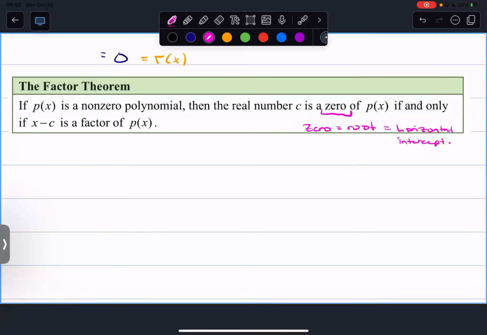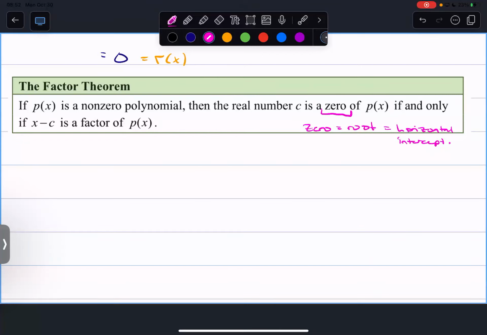That might help. But it's only going to be a horizontal intercept if x minus c is a factor of p of x. And so if you can extract an x minus c, then it's going to be a horizontal intercept at c.